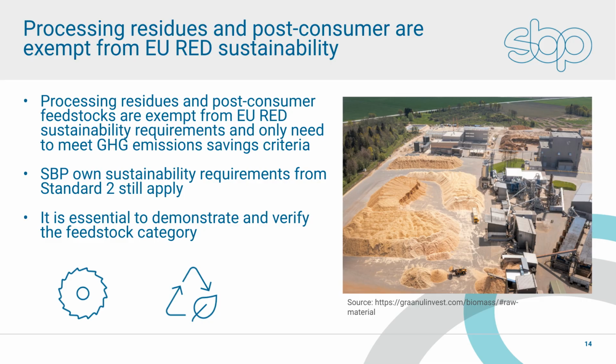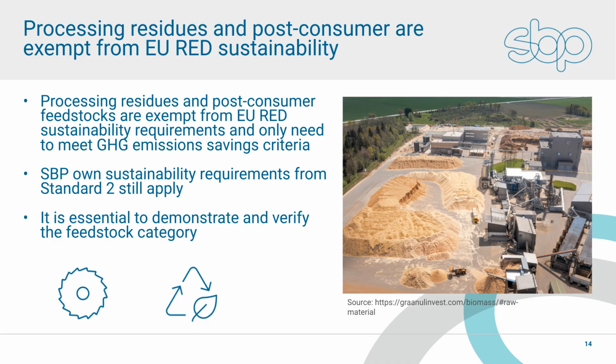Because both SBP's own requirements and EU RED treat processing residues differently from primary feedstock, accurate and truthful feedstock categorization is critical. In the SBP system, processing residues and post-consumer waste must be covered by SBP certification all the way to the point of origin.